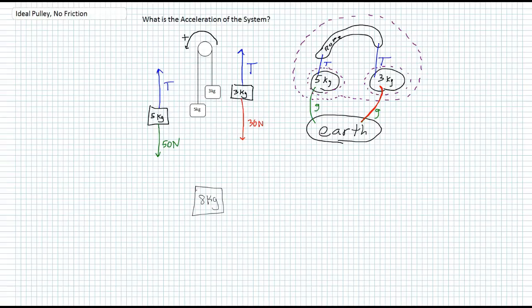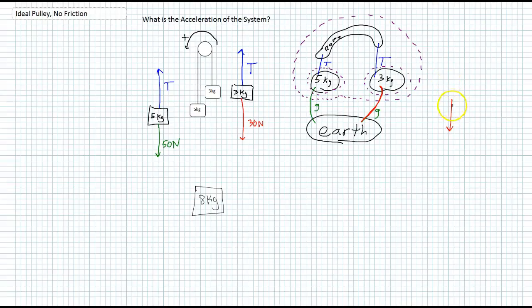Now, what do I do to solve for the unbalanced force? Here's the technique. What you're going to do is rotate one of the force diagrams in such a way that you can smush that tension force of the rope. What I mean by that is the second diagram with the 3 kilogram object.